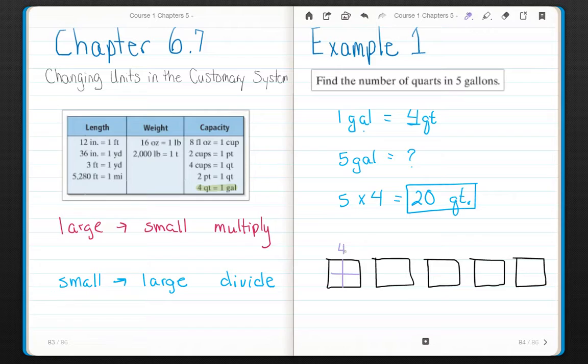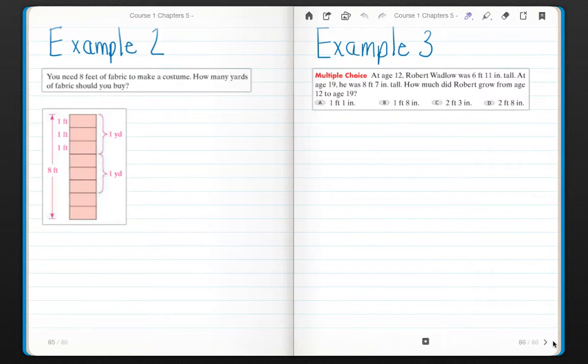So there are 4 quarts here, 4 here, another 4 there, 4 quarts here, and 4 quarts here. If I take all of those, I have 20 quarts. Okay? All right, let's take a look at example 2.